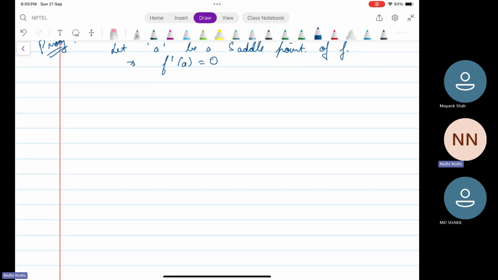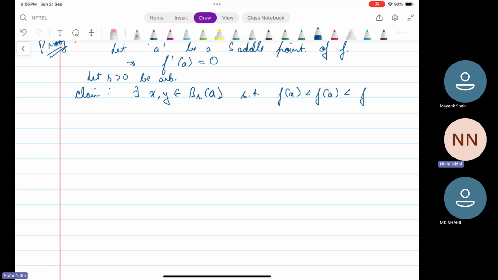Now we want to show that there exist some X and Y in any ball around A, with R positive arbitrary, such that f(x) is strictly less than f(a), which is strictly less than f(y). Suppose this does not hold.